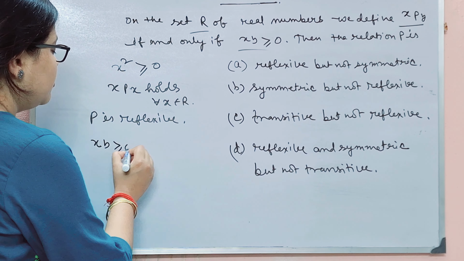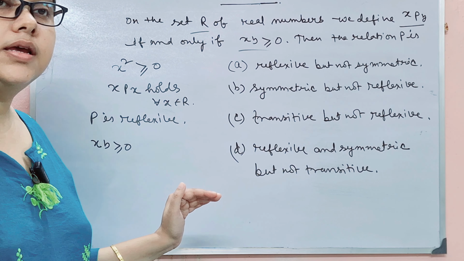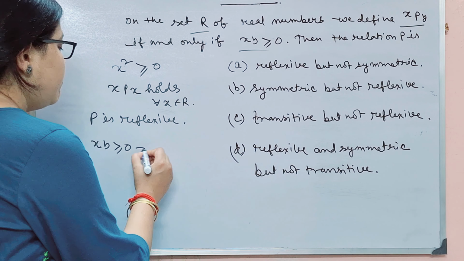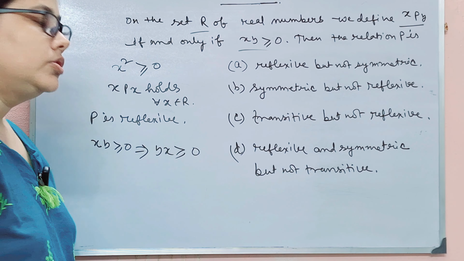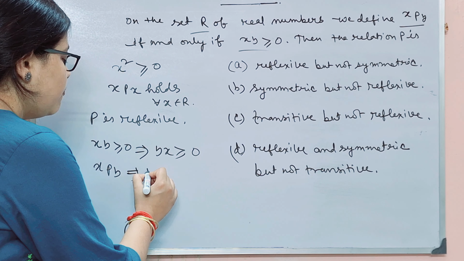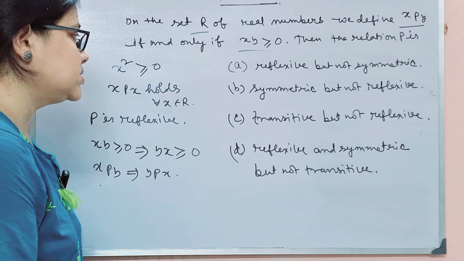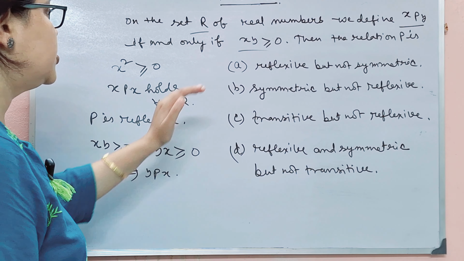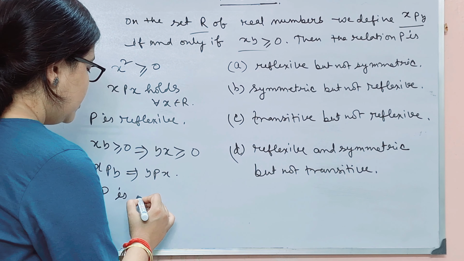I am assuming that xy is greater than or equal to 0, which implies yx is also greater than or equal to 0. So x P y implies y P x. So this is clear from the definition that P is symmetric.